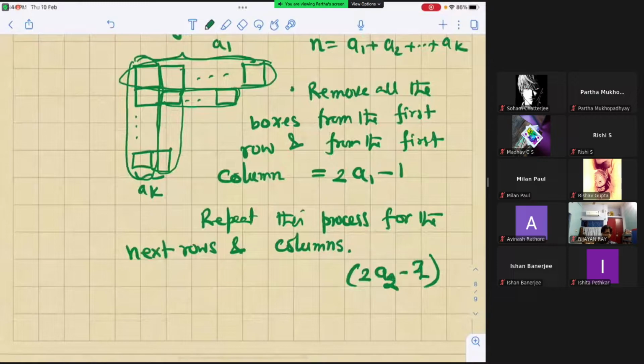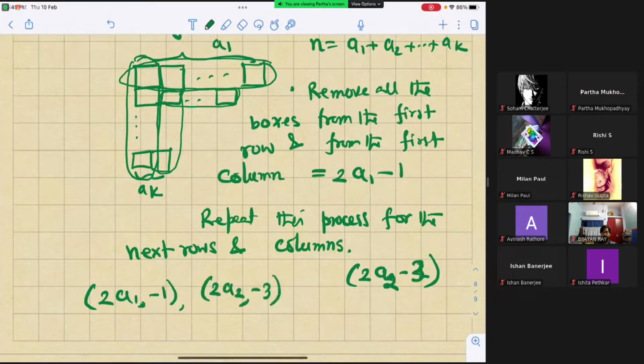And repeat this process. So these numbers that you are getting, 2a1 minus 1, 2a2 minus 3, what will be the next number? 2a3 minus 5, yeah. So these numbers you will get.